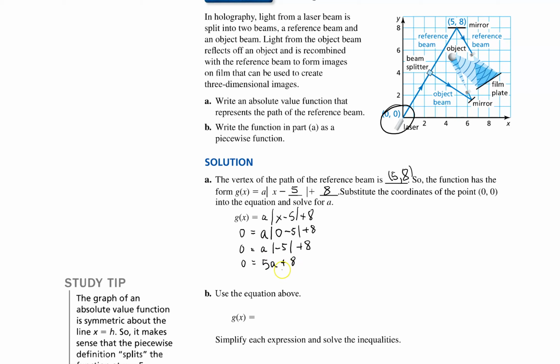We then want to subtract 8 from both sides to get closer to having a alone. So we get negative 8 is equal to 5a. Then we divide both sides by 5 to get a alone, and then we say a is equal to negative 8/5, which in decimal form would be negative 1.6.